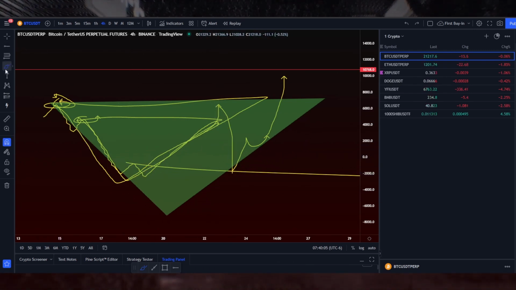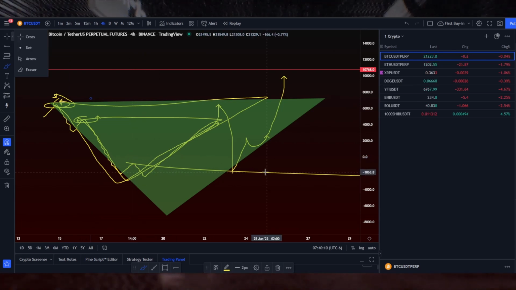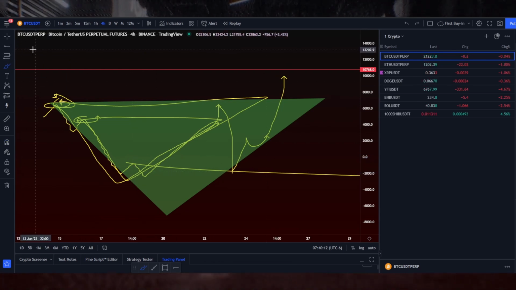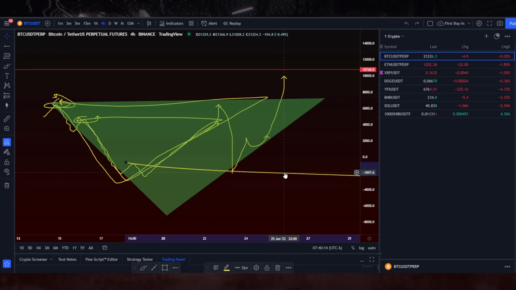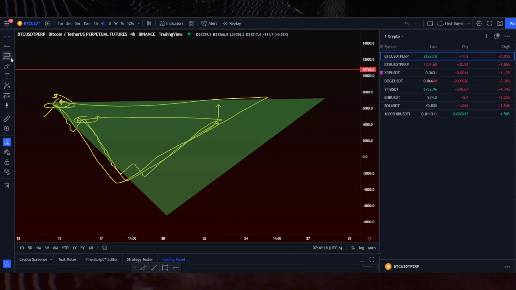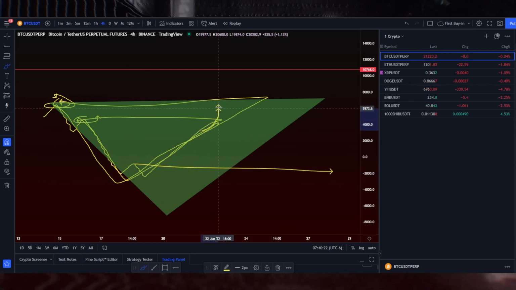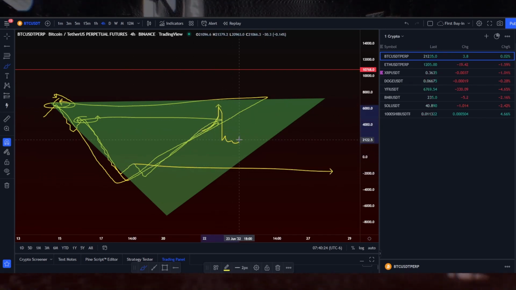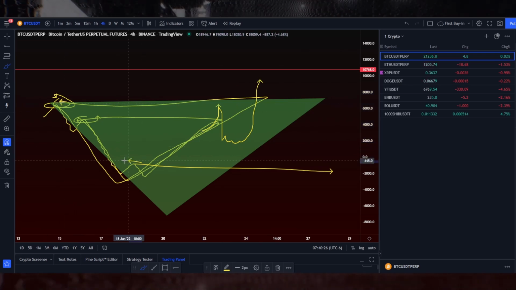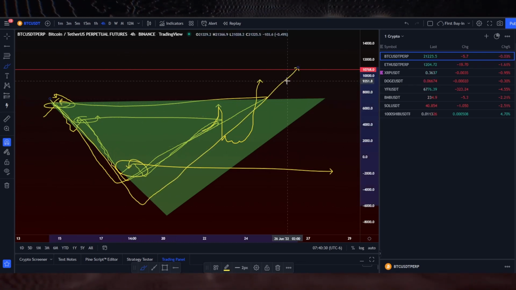I can't go back anymore, otherwise I get rid of my triangle. So if this one's never tested and you break above this and you come down and just do whatever, and then you break above this, this is your float, because that's just like the larger ladder.